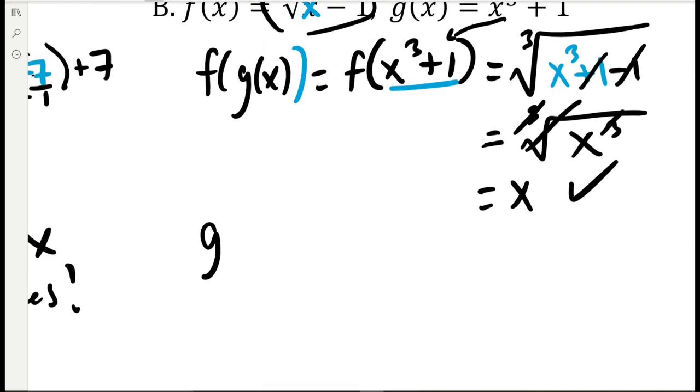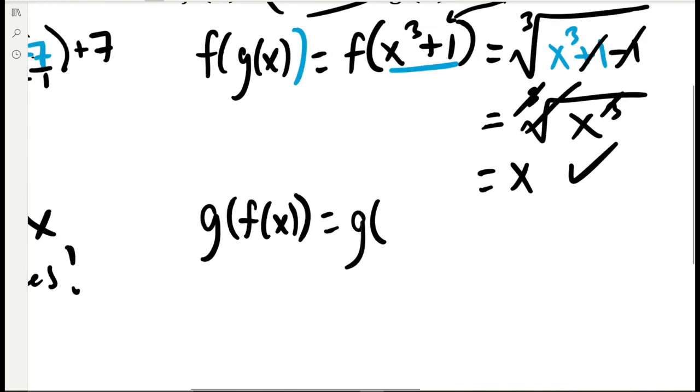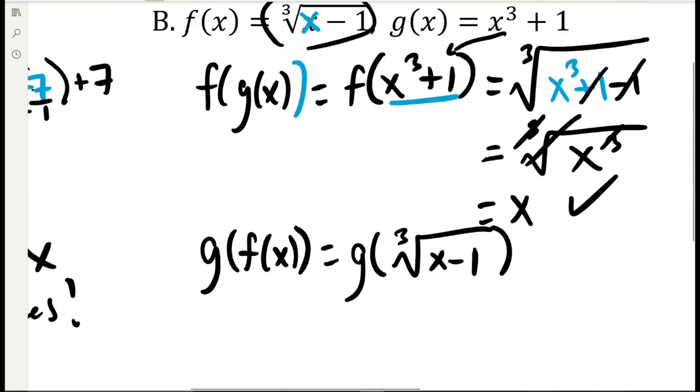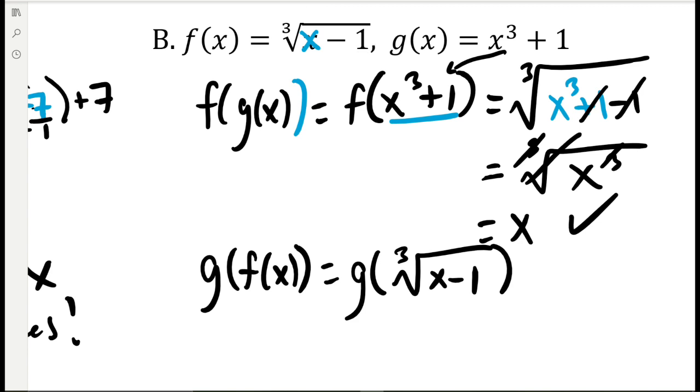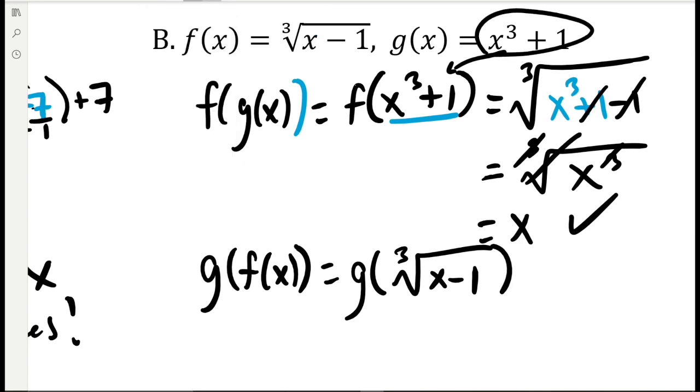So let's go ahead and actually do the reverse operation. We're going to plug in f now into g. So f is the cube root of x minus 1. So this time we are using the g function, and for every x in that g function, I'll use a different color, we're going to replace it with the cube root of x minus 1.